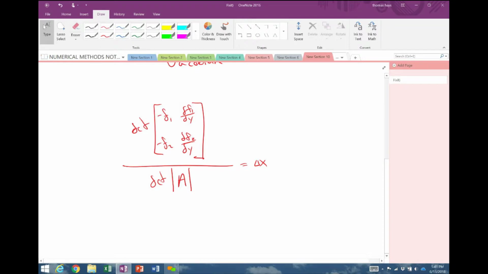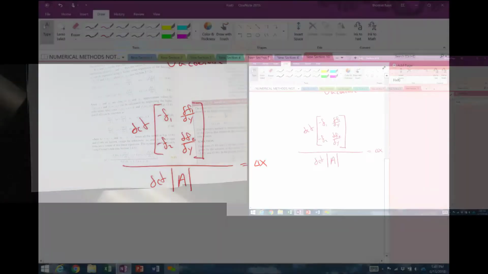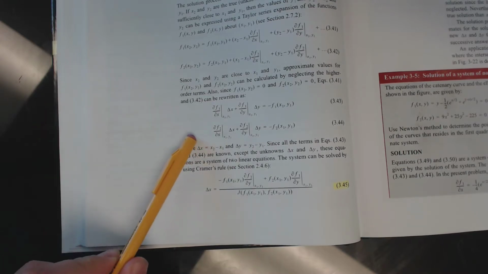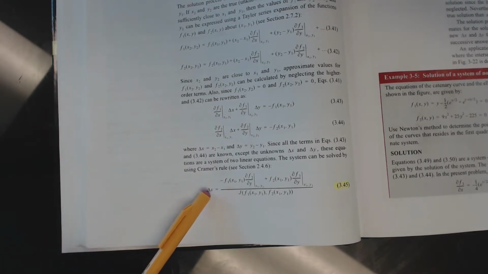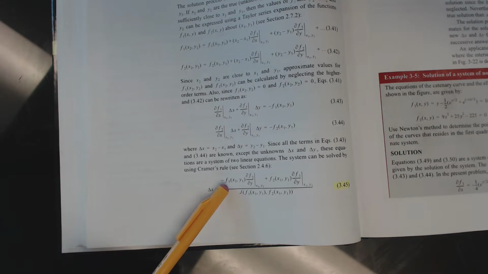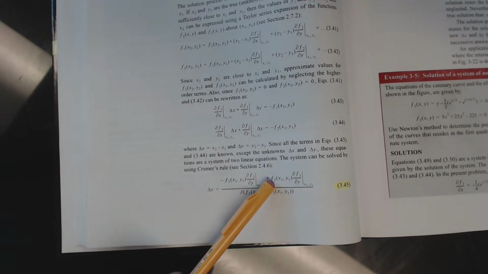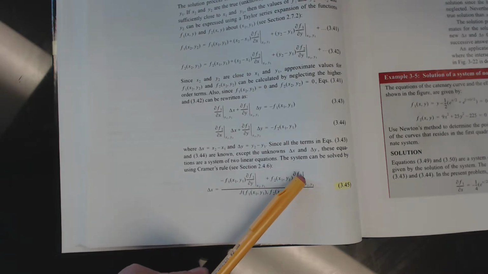So if we look back at the textbook, you see that's exactly what they've done. Delta x solution, this is them already multiplying out the determinant of a 2 by 2. So the top left times the bottom right minus the top right times the bottom left.